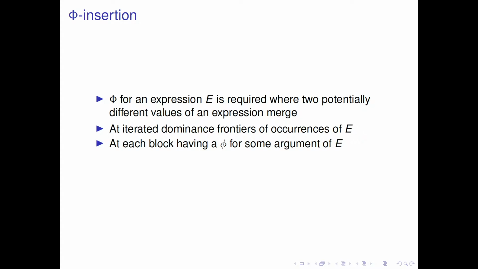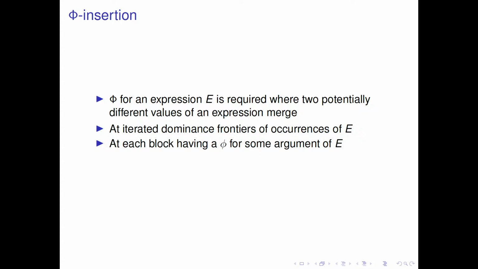The other thing is, whenever there is a phi for a component of E, you also introduce a Phi for E. What is the intuition for this, why should we do this? It comes from this first reason itself.